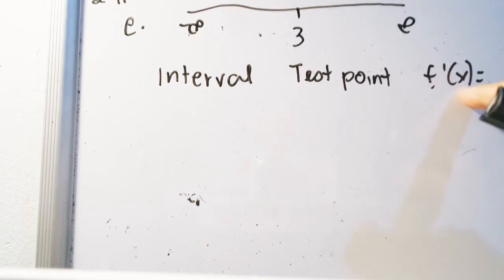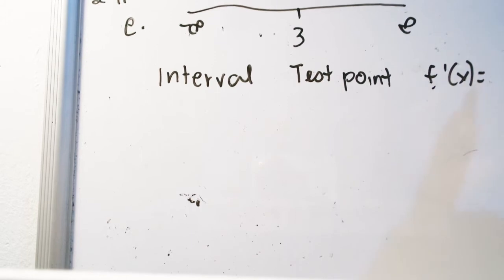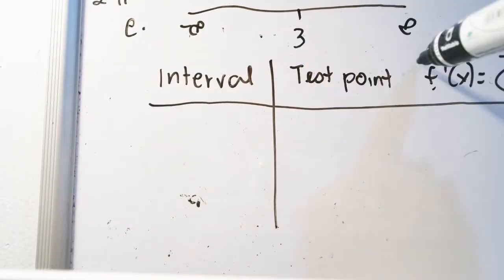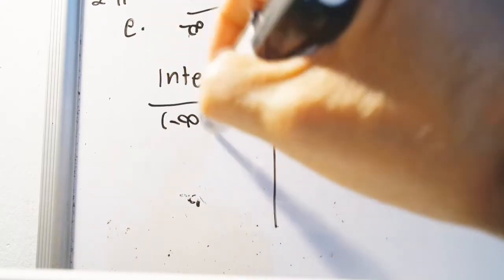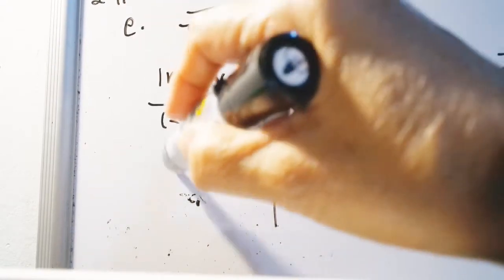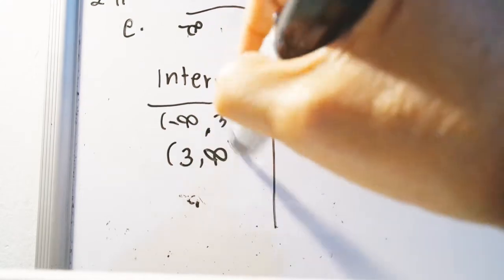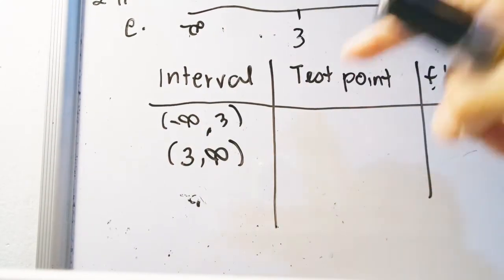So what is f prime of x? F prime of x is minus 5 over x minus 3 squared. Then the intervals that we get are minus infinity to 3, and the next one from 3 to infinity. What is a test point?